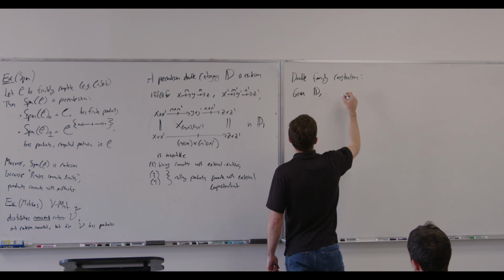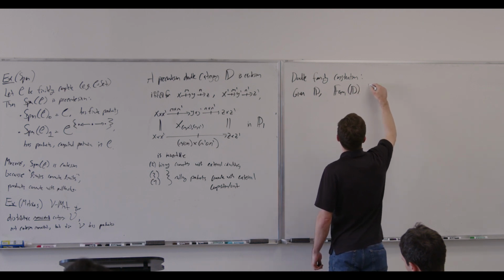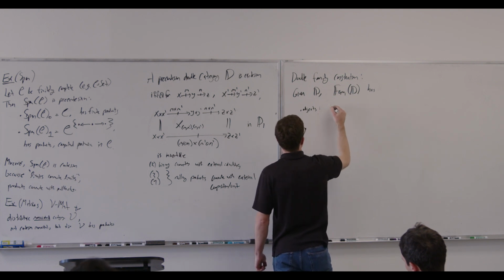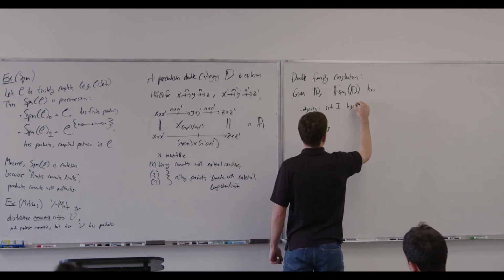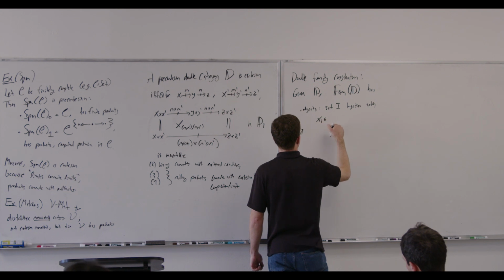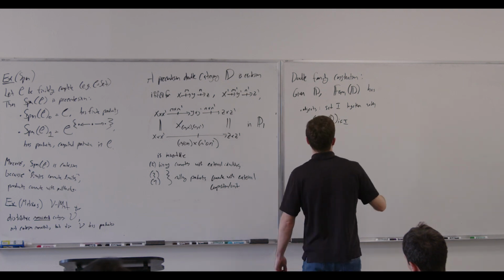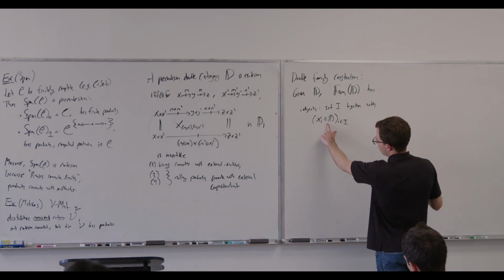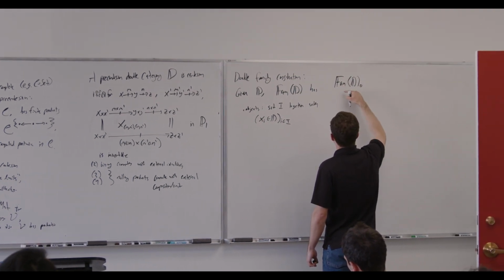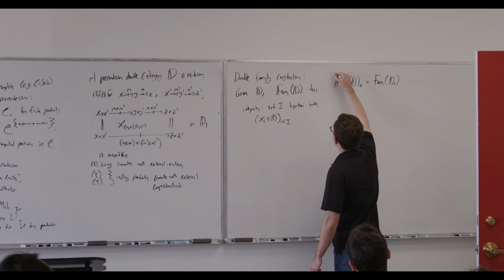Given a double category D, I can construct this thing called Fam of D, and its objects are a set I together with an indexed family of objects in D. I won't write down what the arrows are, but it will turn out that, unsurprisingly, on objects and arrows, this will be the ordinary Fam construction on D naught.